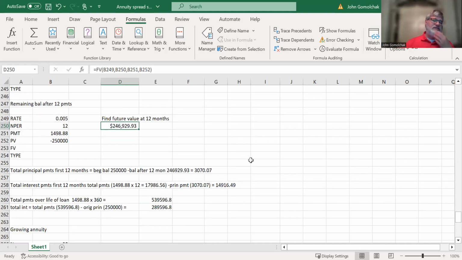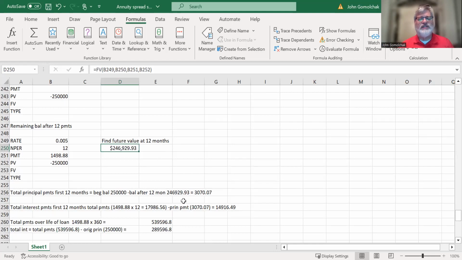All right, so now let's do some other things that we have to do some thinking to get to the end of. The book wants us to do some other things: total principal payments and interest payments during the first year. Here's where I calculated out the total principal payments for the first 12 months. What we have to do is figure out how much of this was interest.